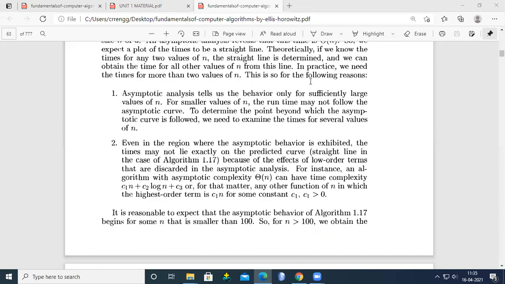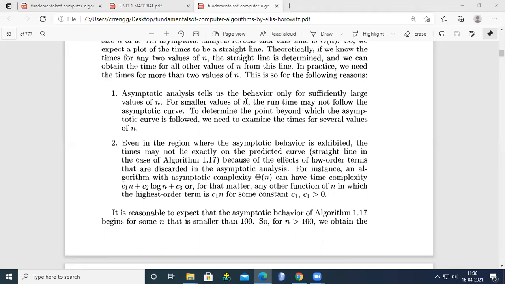There are reasons to be careful with asymptotic analysis. The first is that asymptotic analysis tells us the behavior only for sufficiently large values of n. For smaller values of n, the runtime may not follow the asymptotic curve.